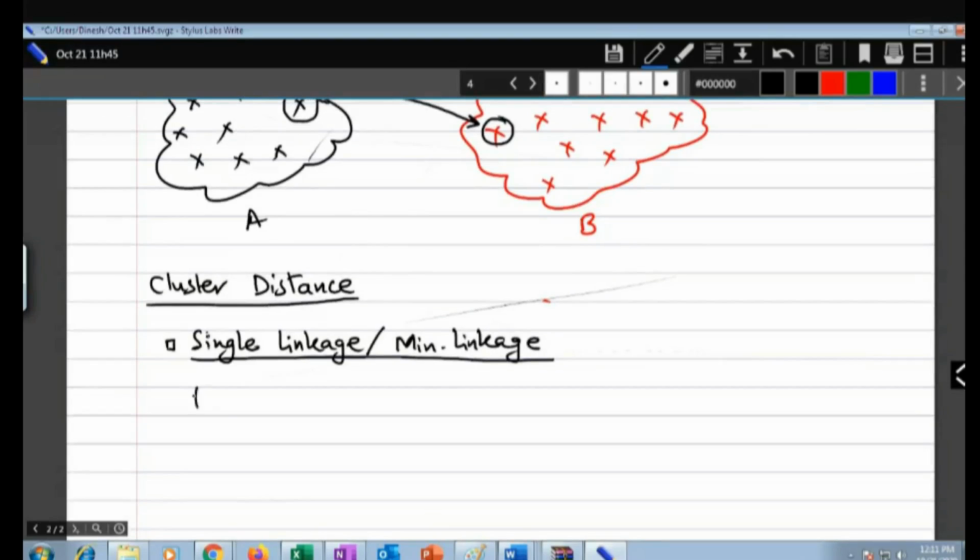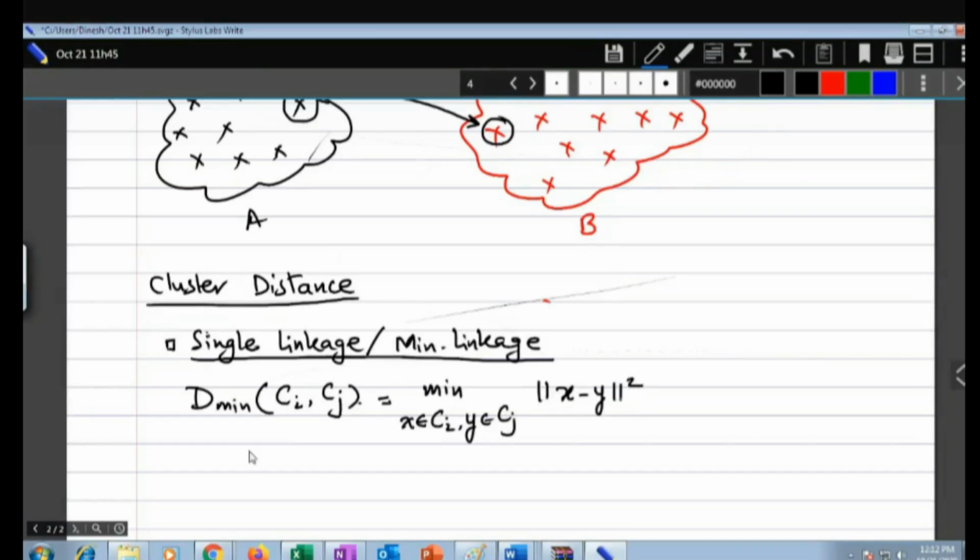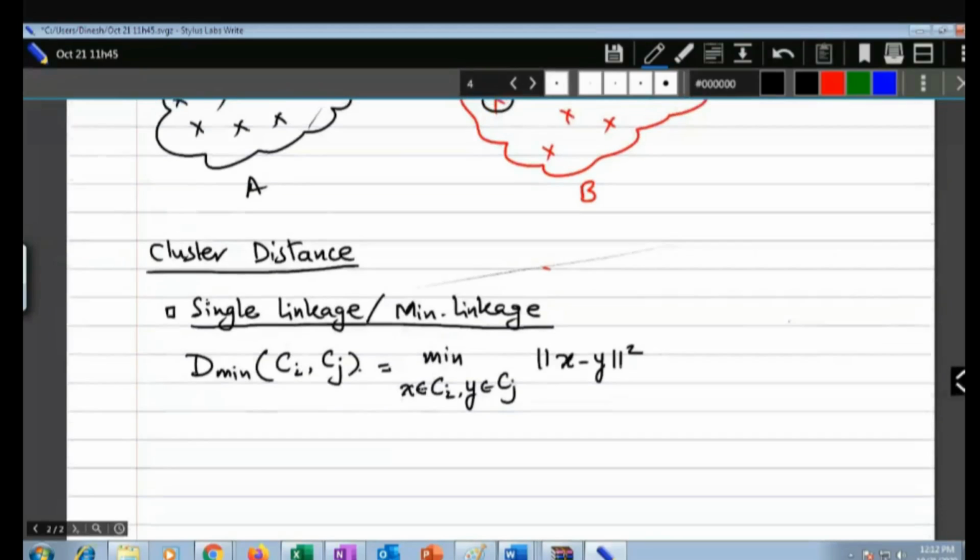I write it as D min between two clusters Ci and Cj, the minimum over x in Ci and y in Cj of the distance between x and y. This is the Euclidean distance. So find x and y such that they are closest to each other, and the distance should be minimum.